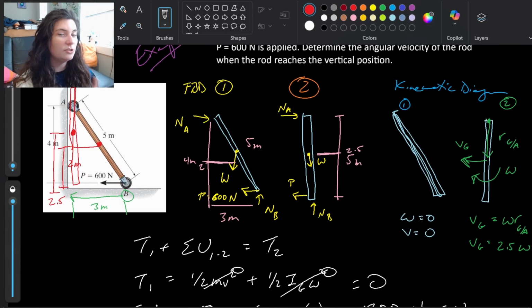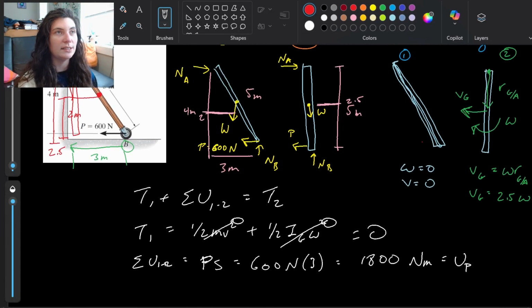So that weight is doing work, but it's actually doing negative work, right? Because our weight is pointing downwards, but our object has moved up. Even though it's doing negative work, it still has to get counted, where our work from weight is weight times delta y.